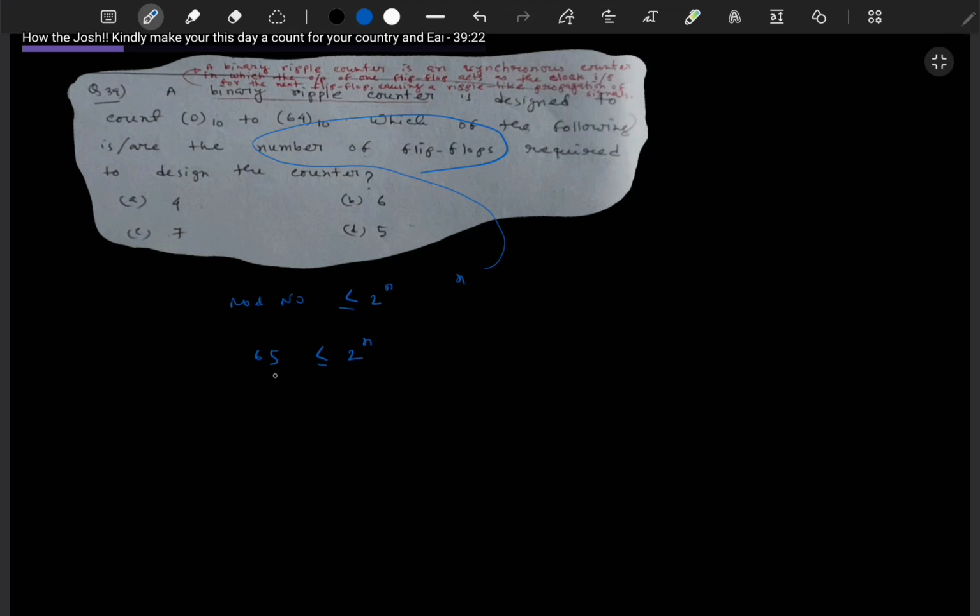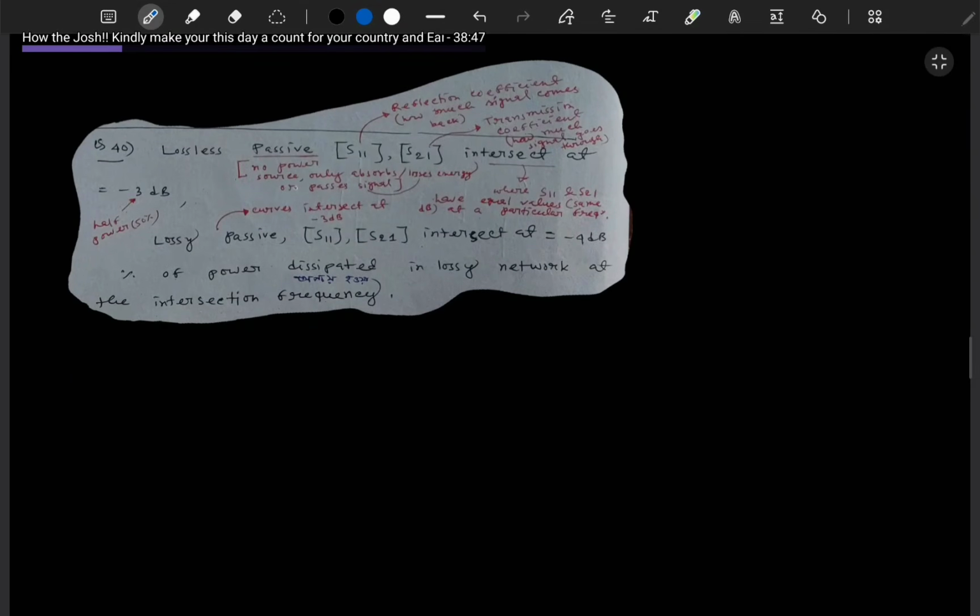So I will calculate this: log base 2 of 65. The answer is 7. This is the answer.